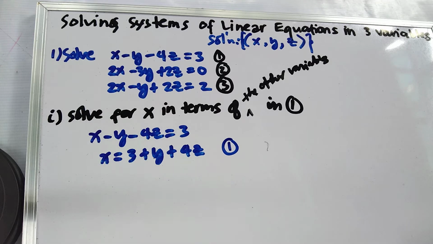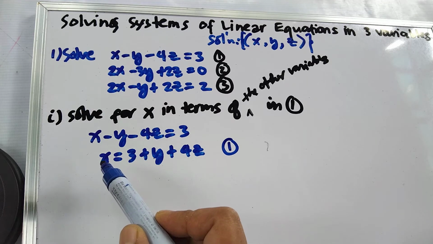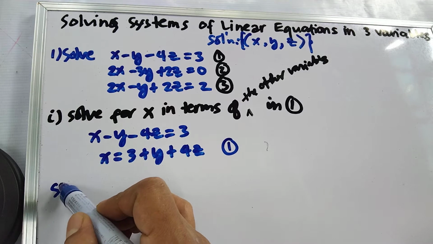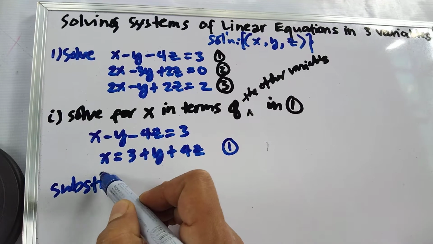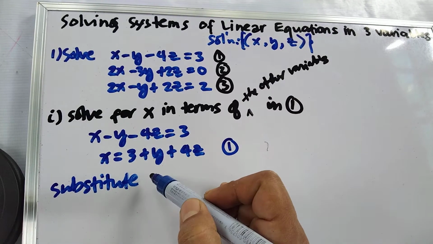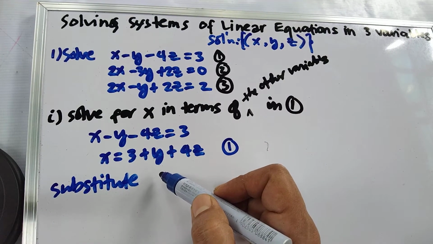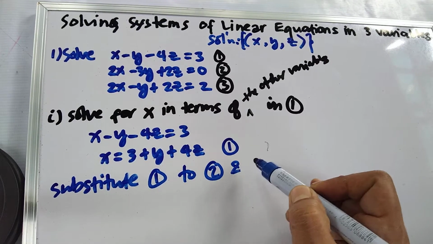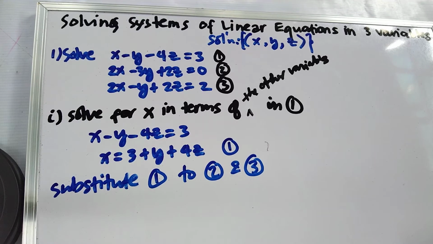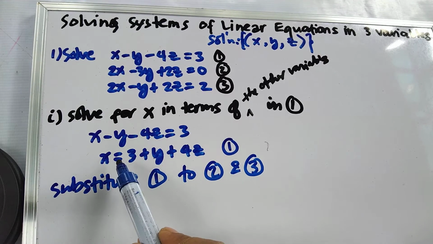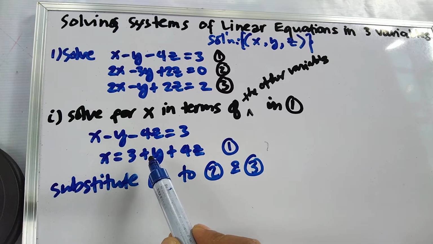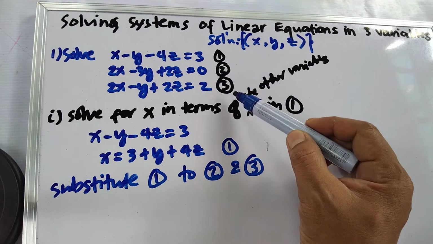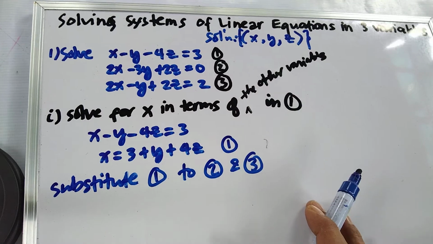From there, since we have the value of x in terms of y and z, we can substitute equation 1 into 2 and 3. Meaning to say, we will substitute the value of x, which is equal to 3 plus y plus 4z, into our equation 2 and 3. So what will happen?